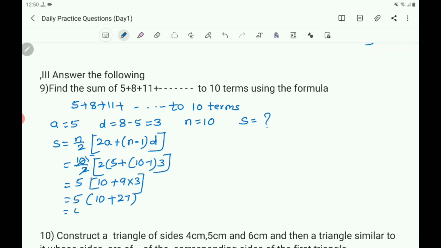So it is 5 into 10 plus 27 is 37, equals 37 into 5. 7 5s are 35. 3 5s are 15 plus 3, 18. So here we got the sum 185. So what is the sum of the 10 terms? The sum of the 10 terms is 185.